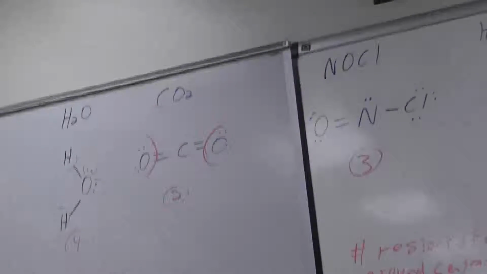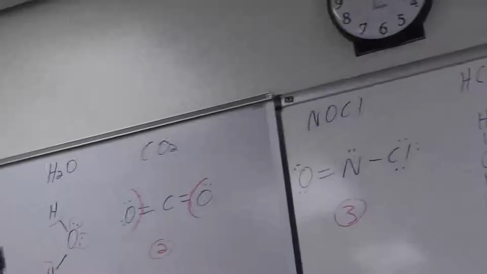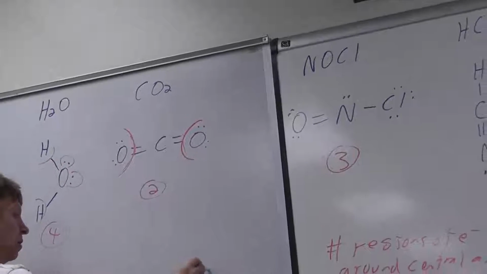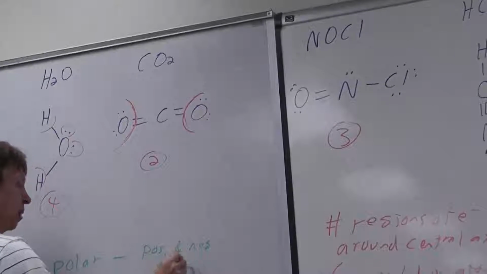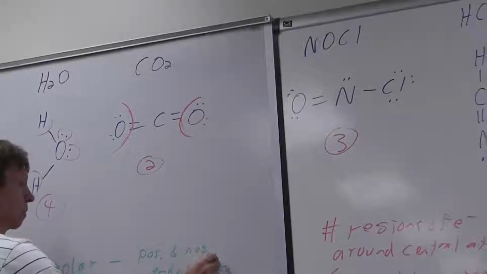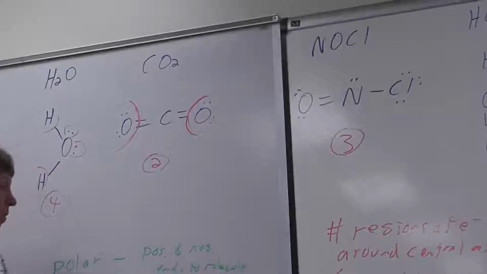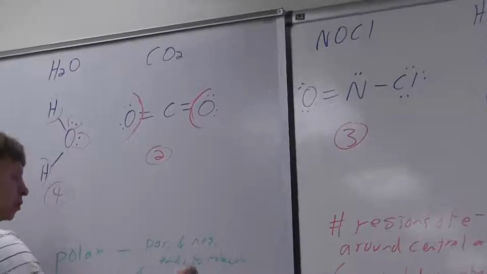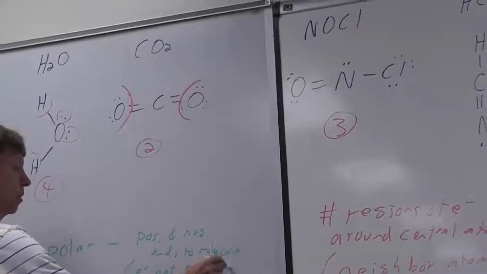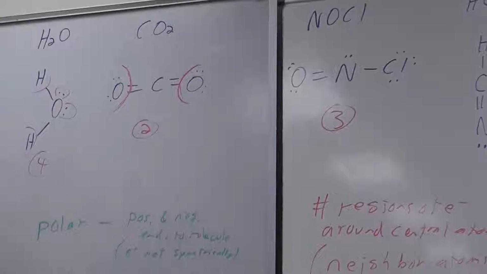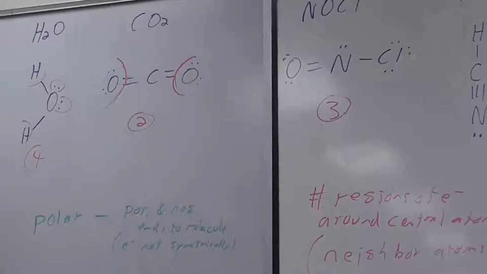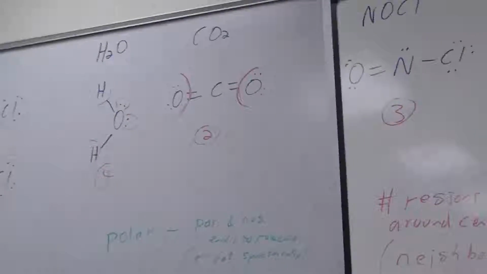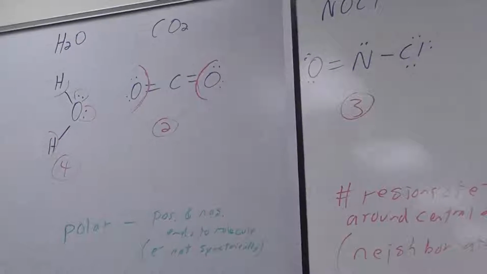Polar meaning you have net positive and negative ends to the molecule, which really means electrons are not distributed symmetrically. This is all about symmetry. So that's the technical definition.